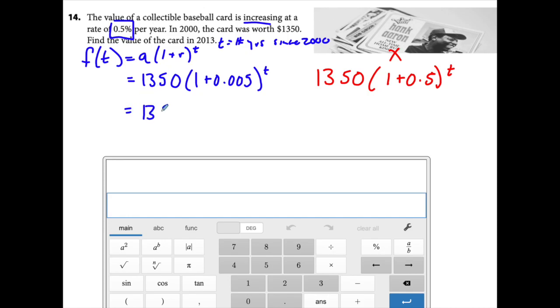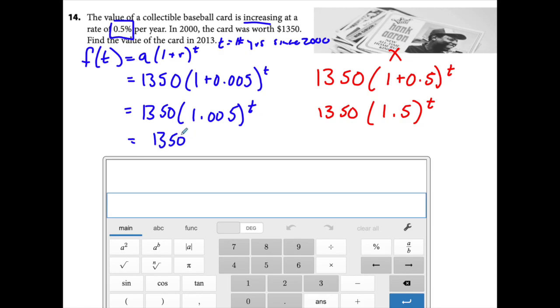On the correct side, I've got 1.005 to the power of t. And on the incorrect side, I've got 1.5 to the power of t. Now, in 2013, how many years has it been? It's been 13 years. So here's what happens. In year 0, we would get 1 for our thing because we're doing to the power of 0. So in year 0, we were at 1350.